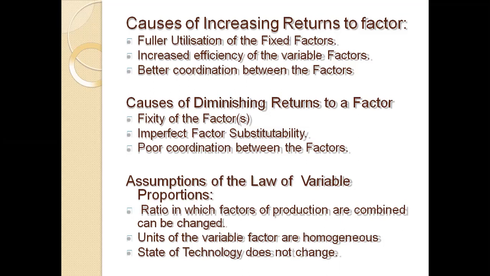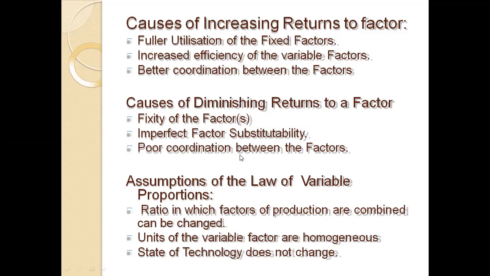You cannot replace machines with labor. The machine is going to work with its efficiency, and labor is going to work with its efficiency. So they say imperfect substitutability is there if you're combining capital and labor. Capital and labor cannot be substitutes for each other, hence it is imperfect, because of which you're getting diminishing returns.